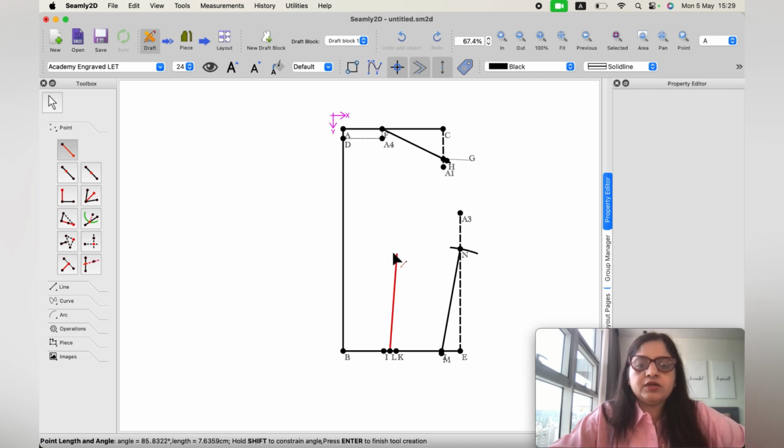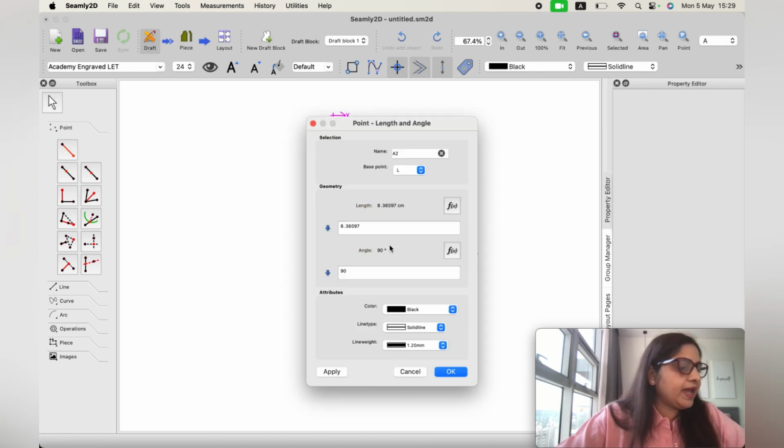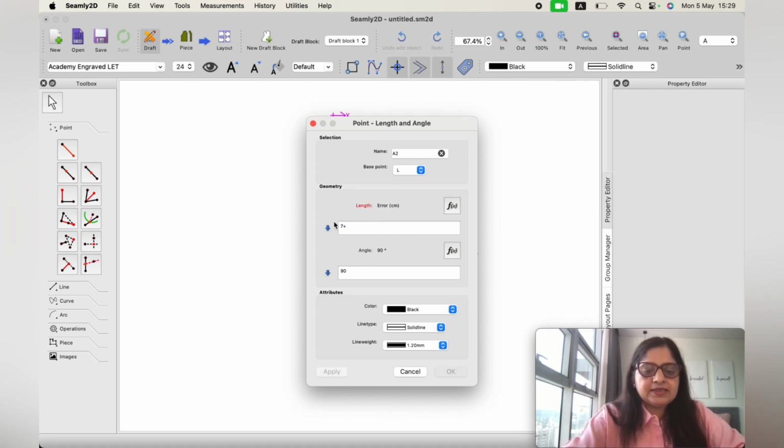How much? 1 inch less than M to N. So I'll hold down the shift key. My M to N was 8 3/8, so here I'll take 7 plus 3/8, and I'll give this point the name O.